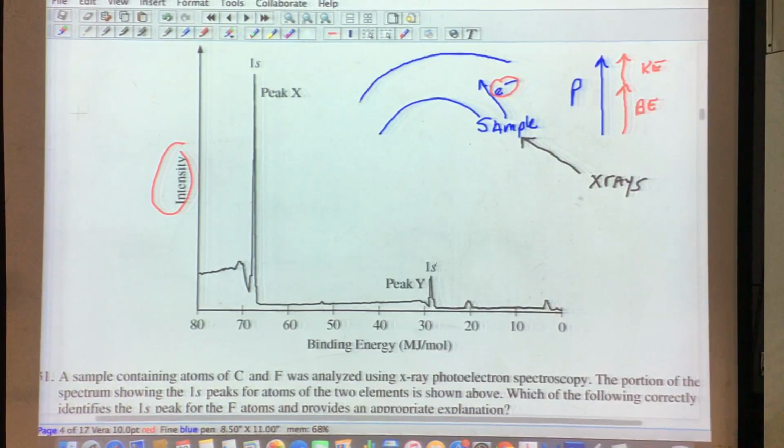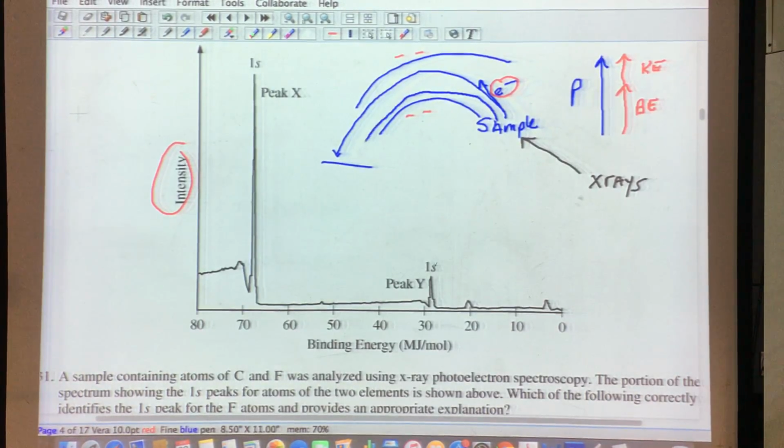By the way, we use a charged tube. I love explaining this because understanding how it works really makes you understand the question. These are negatively charged tubes, so the electrons are repelled. The ones that go faster are not affected by the charged tube as much, and they can hit a detector. The ones going slower are repelled more, and they don't go as far.